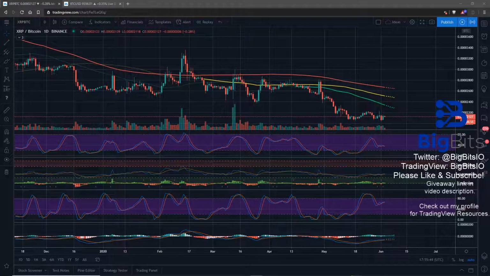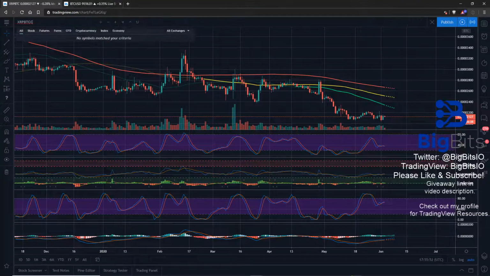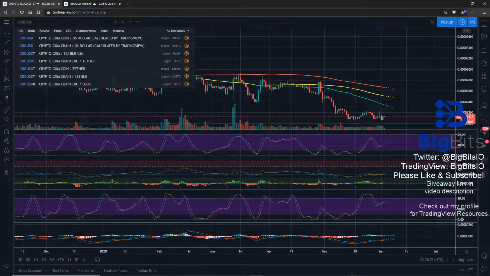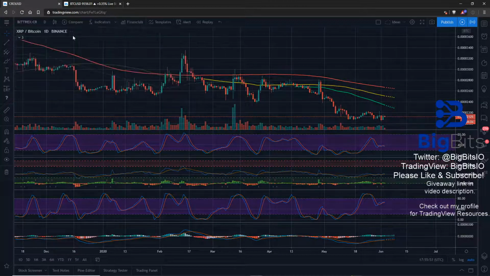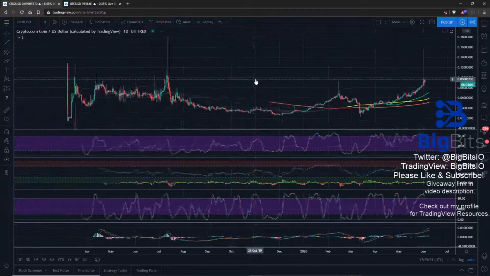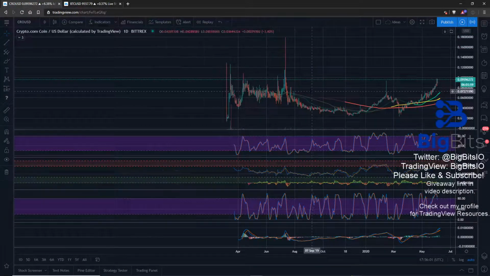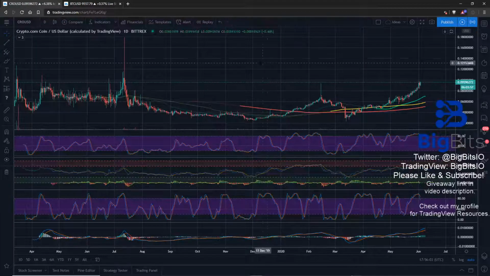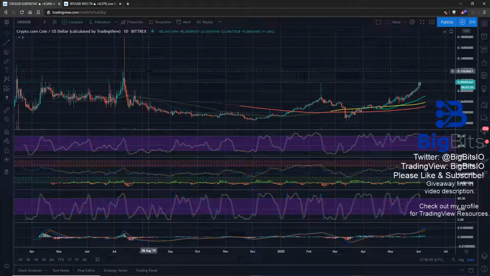I want to take a look at Crypto.com coin. This one has been pretty interesting. CRO. Yeah, this one's pretty incredible. It's been doing really well lately, and there's a lot of reason why.